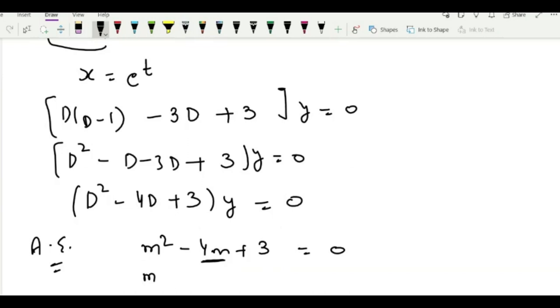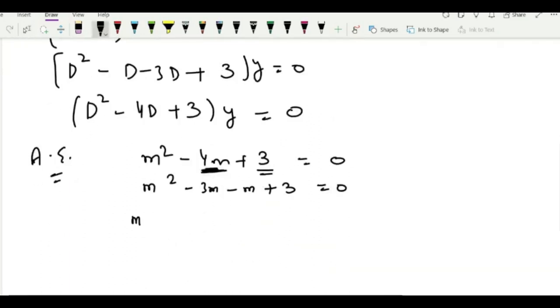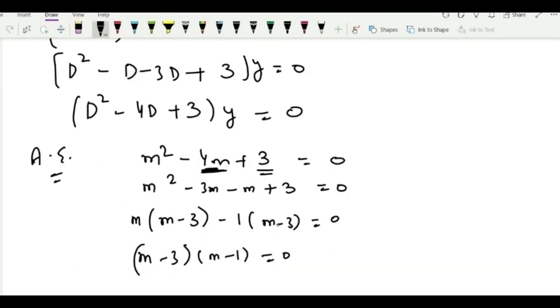We can see this is minus 3 and minus 1, the sum of minus 3 and minus 1, and their product is 3. So we can break it down into m square minus 3m minus m plus 3 is equal to 0. Taking m common out, m(m minus 3) minus 1(m minus 3) is equal to 0. So we get (m minus 3)(m minus 1) is equal to 0, which gives m is equal to 1 and 3.